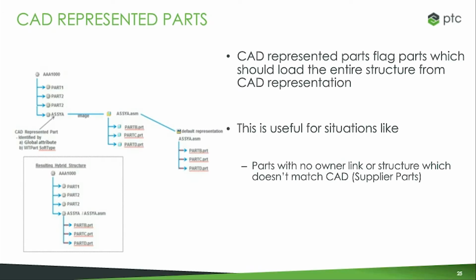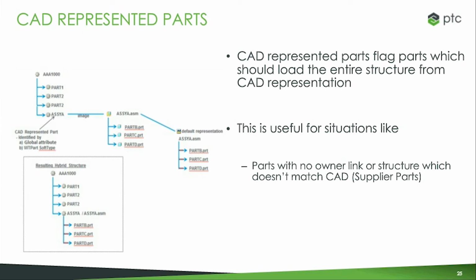The next thing I'll talk about is use cases where I have known differences between my part structure and my CAD structure, where relying on my part structure just isn't going to work. I need to go over and use my assembly structure in order to visualize this correctly. This is what CAD represented parts were built for.